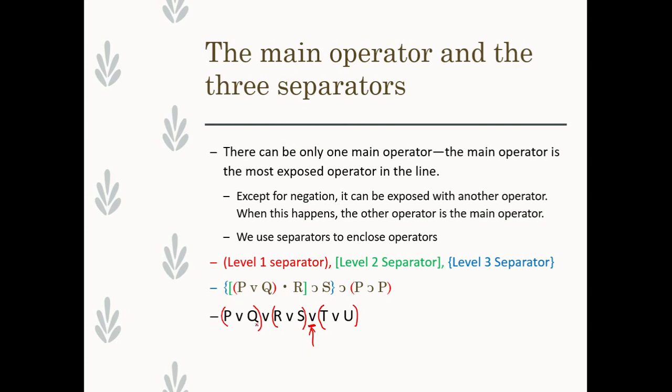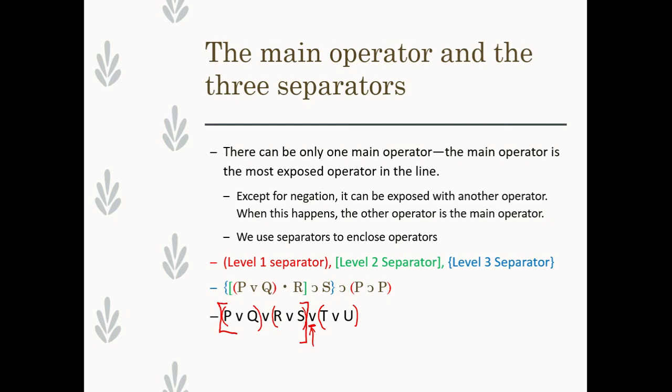So let's go ahead one more time and enclose again. This time we're going to enclose the two sets of parentheses. In order to do that, we need to move to a level 2 separator, the square bracket. And so the square bracket goes right before the parenthesis before the P and right after the parenthesis after the S. Now you have one operator that's exposed, the wedge, and that's the main operator.